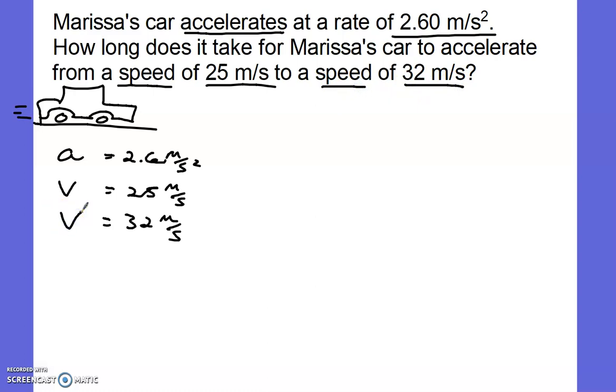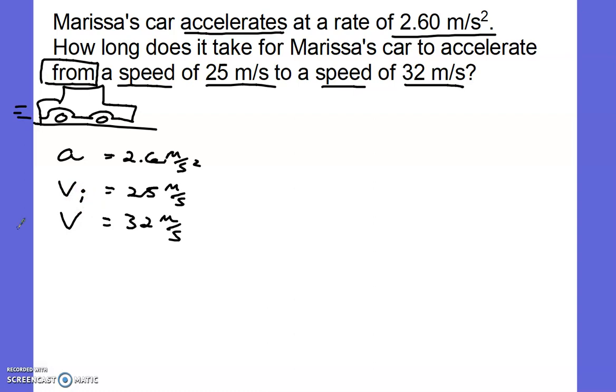Now I have two speeds, and I have to distinguish one speed from the other. The way that I do that is this 25 is our starting speed, because it says from a speed of 25. To show that it's our starting or initial speed, we use a subscript, the little letter I for initial.